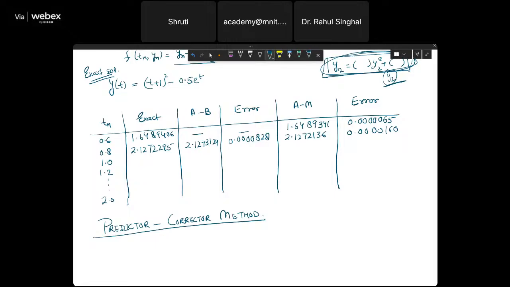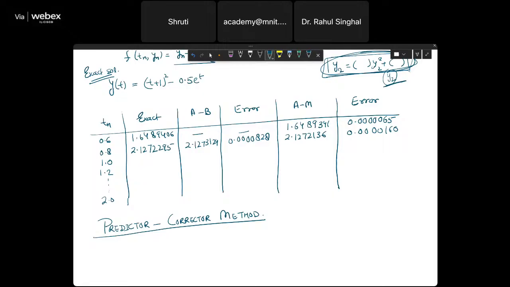So we can simply state the predictor corrector method as a combination of explicit and implicit methods. Here the implicit methods play a very important role. In fact, we use the implicit method iteratively until convergence is obtained.